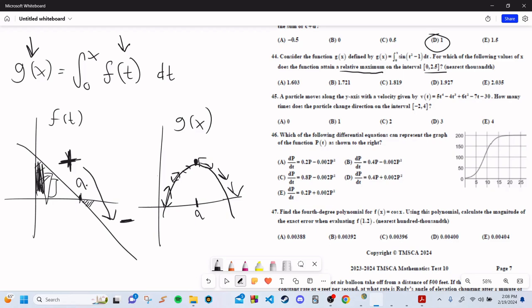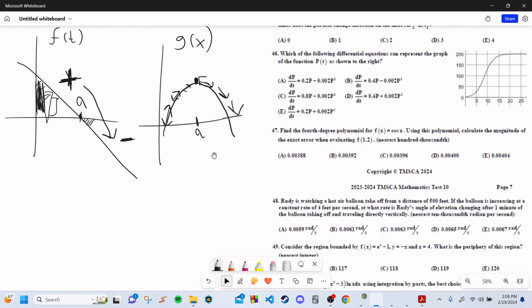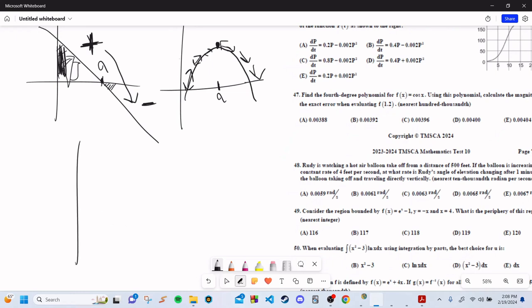And so f of t was sine of t squared minus 1. So we're going to graph this on our graphs page, and from 0 to 2.5, it looks something like this.